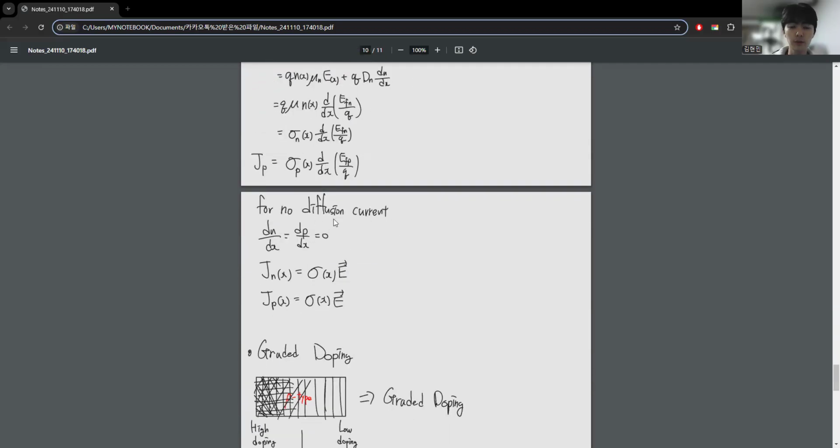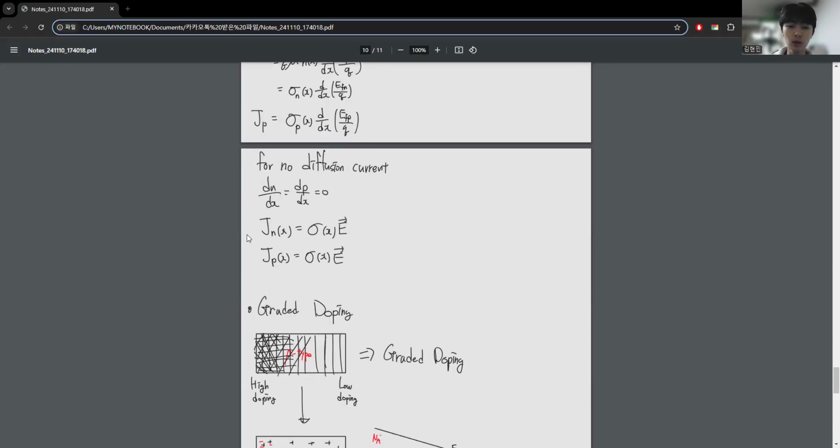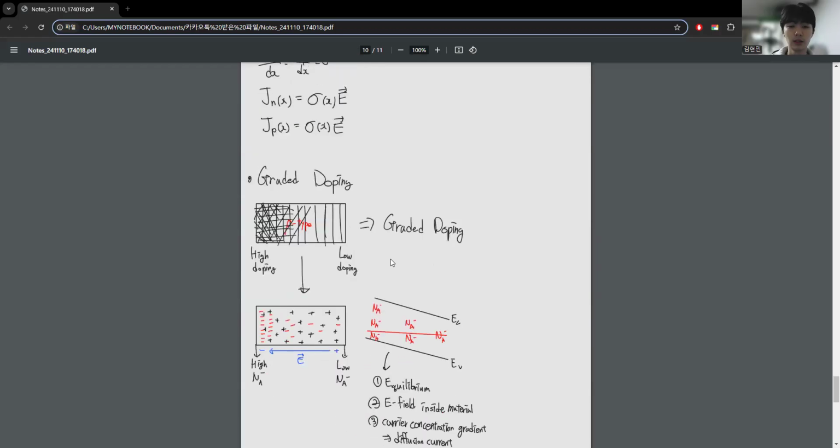For no diffusion current, dn over dx equals dp over dx equals 0, so Jn equals sigma E and Jp equals sigma E.